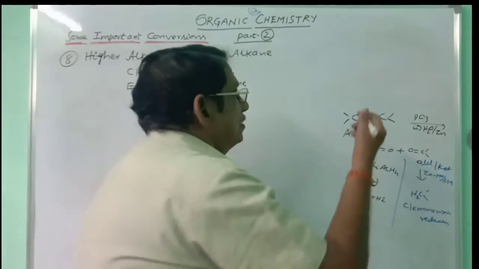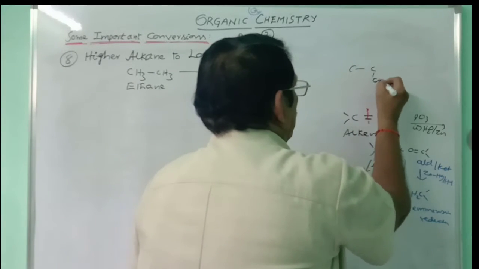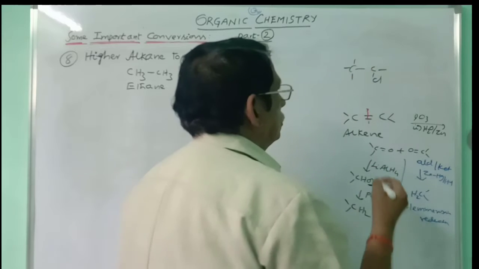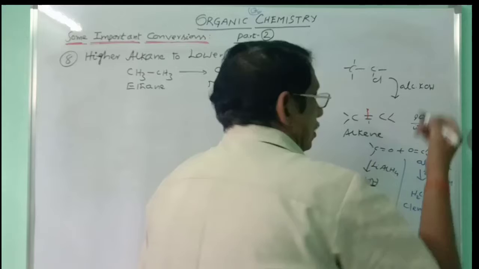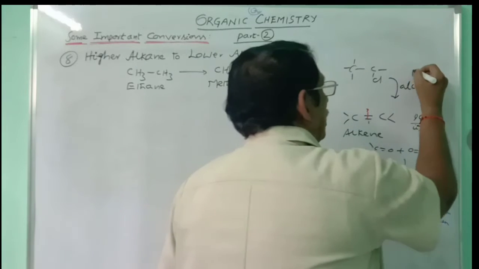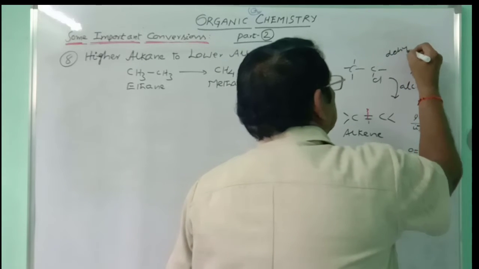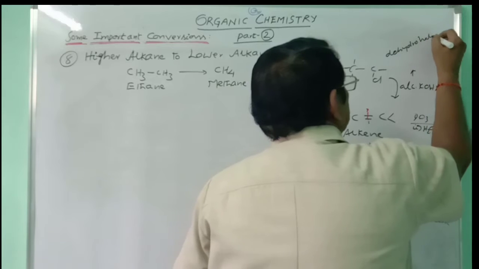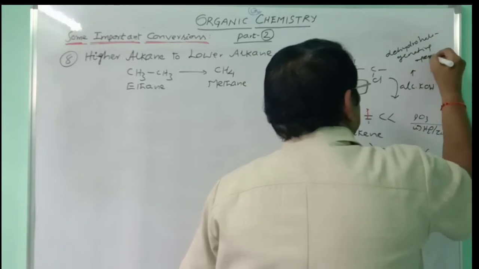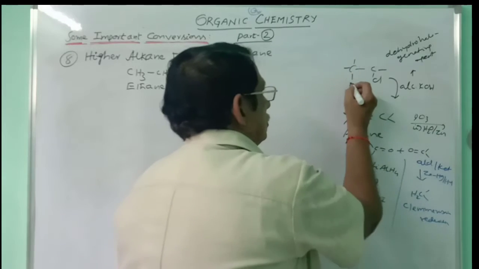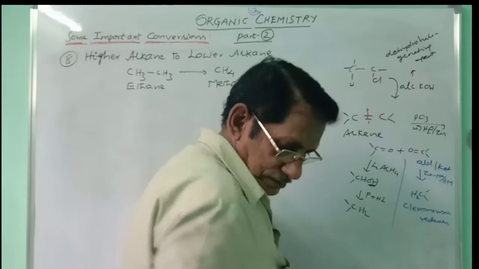How can it be obtained? You can take an alkyl halide like this. When this is treated with alcoholic KOH, alcoholic KOH will be used as a dehydrohalogenating agent. So here it should have at least one beta hydrogen.